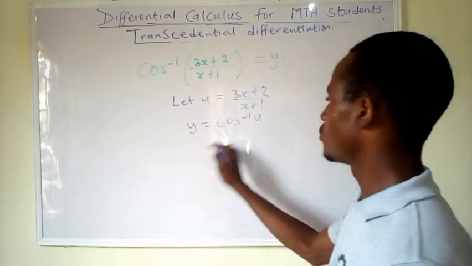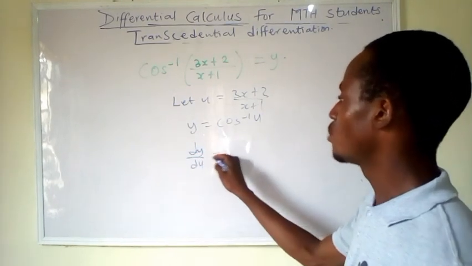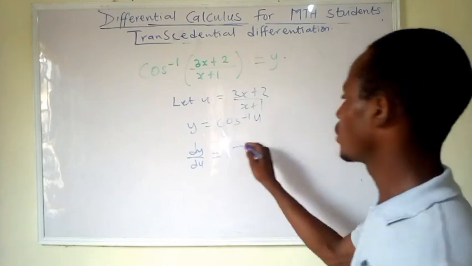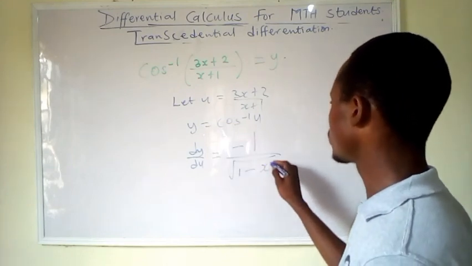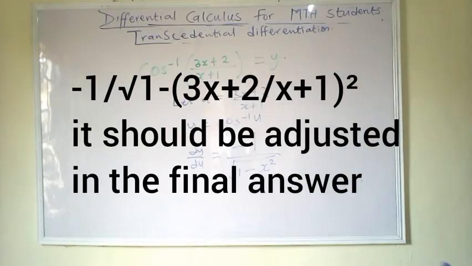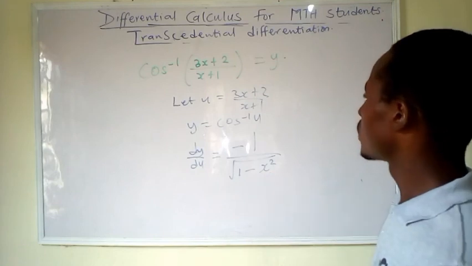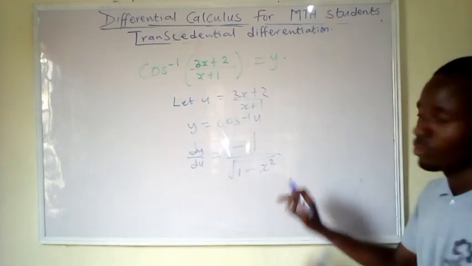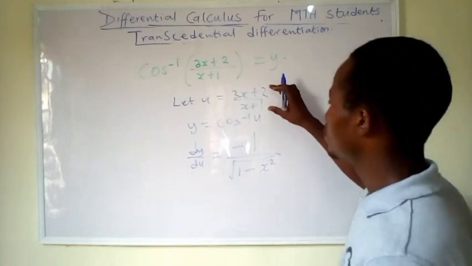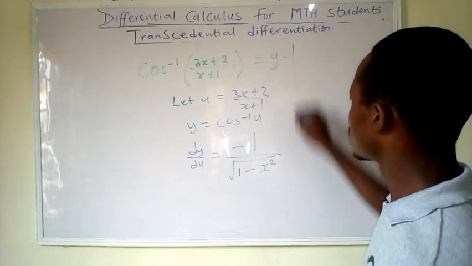So to find the derivative of this, that's dy/du, and that would give us, like I've said earlier, minus 1 all over square root of 1 minus x squared. That is the derivative of cos arc of u. I don't have to prove this anymore, which I've done.